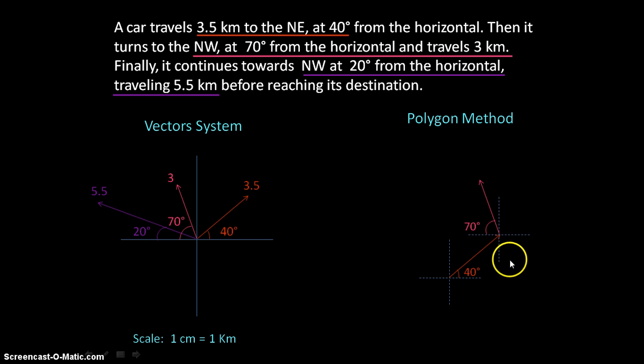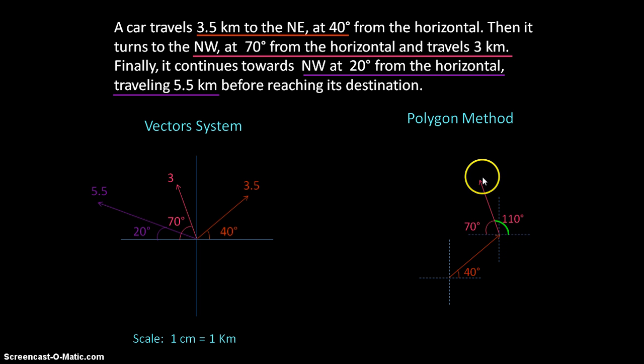Now, check that this direction, these 70 degrees, is measured from the negative x-axis to the vector. But remember that actually the direction is 110 degrees, because the angle should be measured from the positive x-axis to the vector. Okay, just keep it in mind.